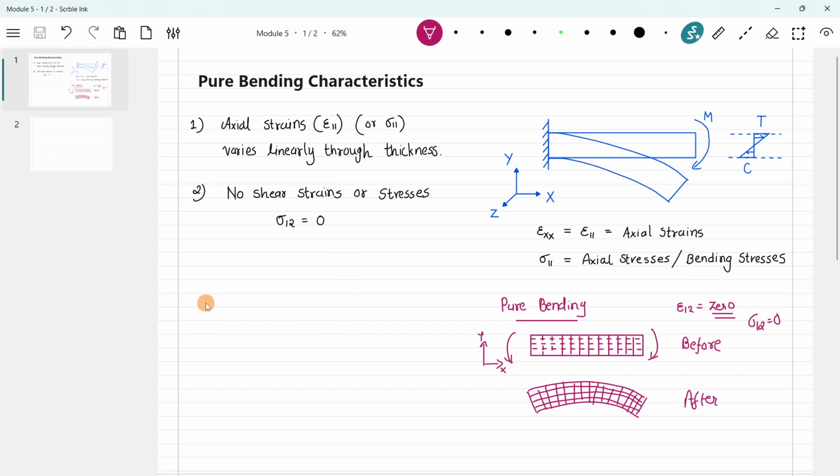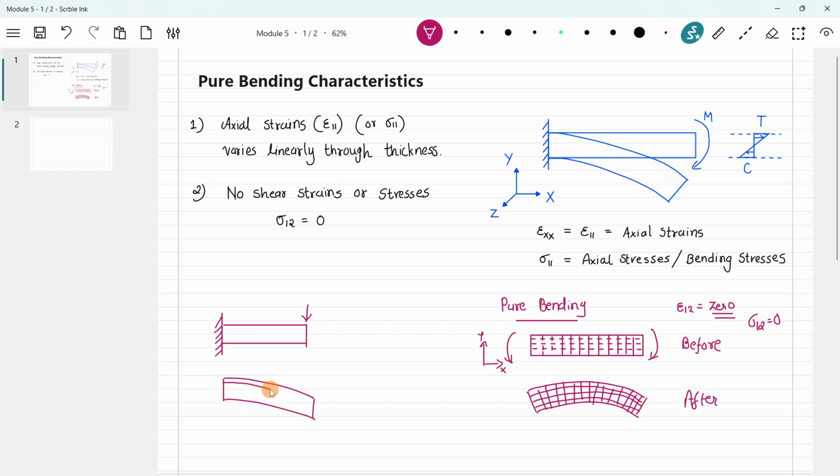And let's see, if it is not pure bending, there is some shear. What happens? So in this structure, instead of applying a bending moment, we are going to apply some shear force. So the structure will deform something like this.